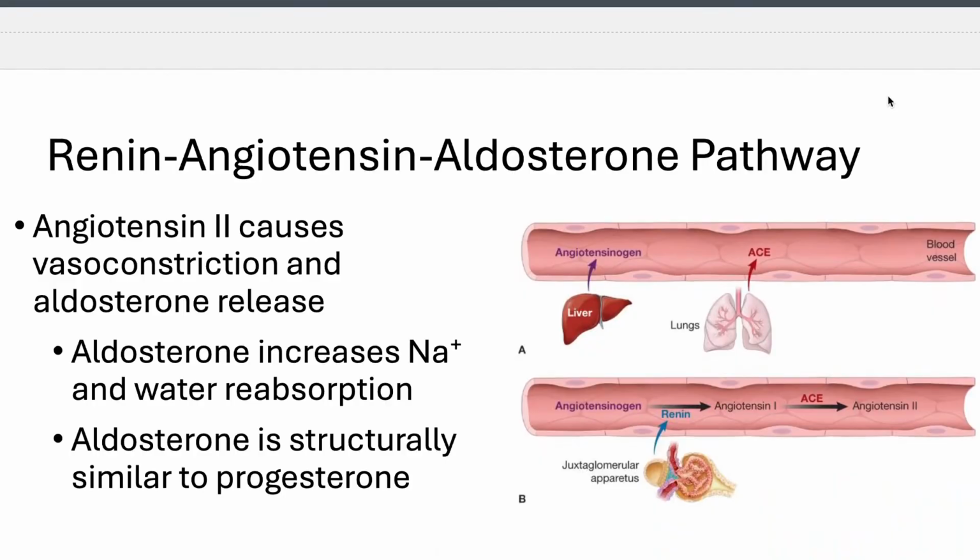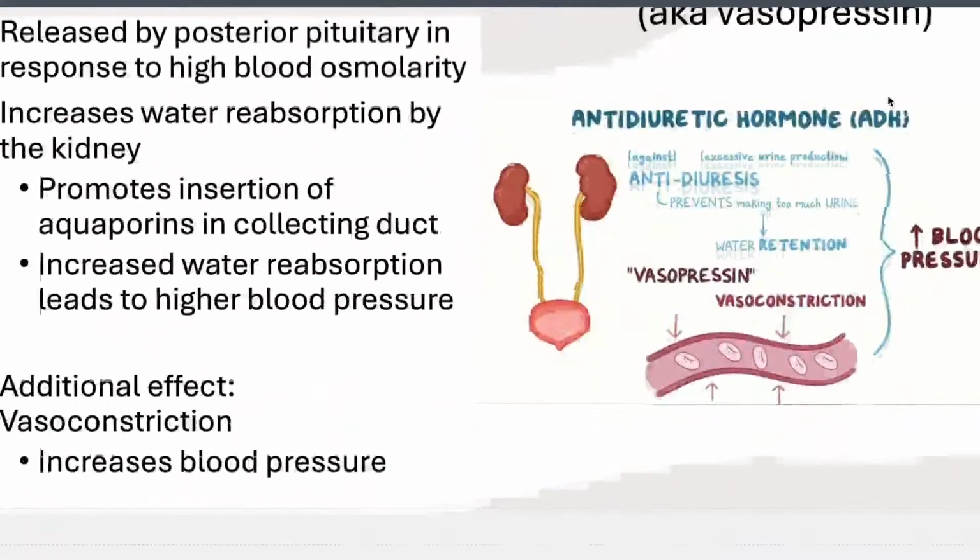And angiotensin 2 causes vasoconstriction and aldosterone release. Aldosterone increases sodium and water reabsorption, which will eventually make the blood have more volume, which will increase blood pressure. Aldosterone is structurally similar to progesterone.